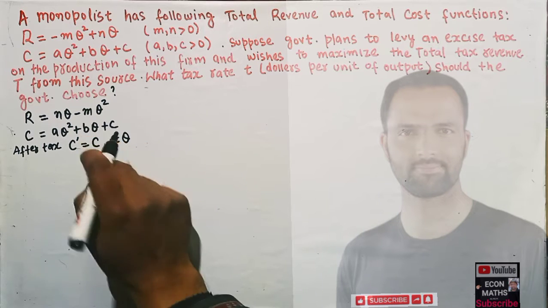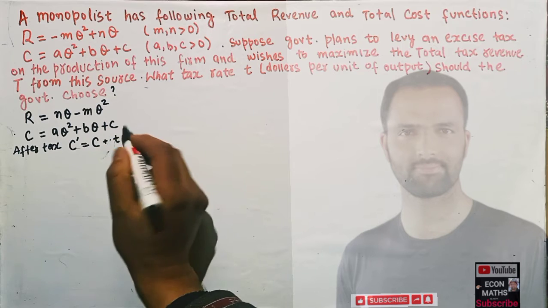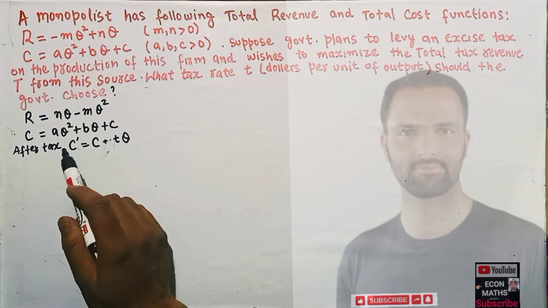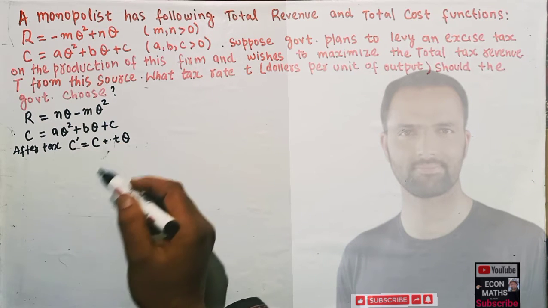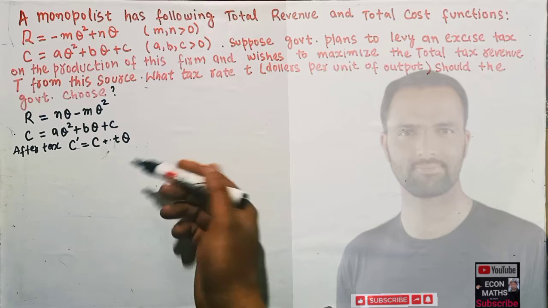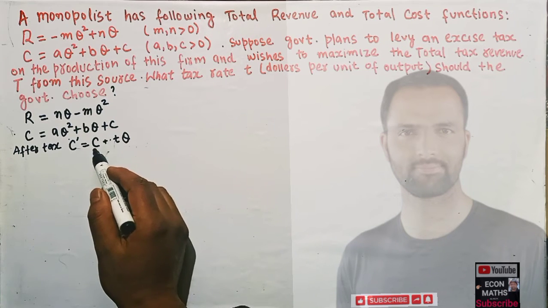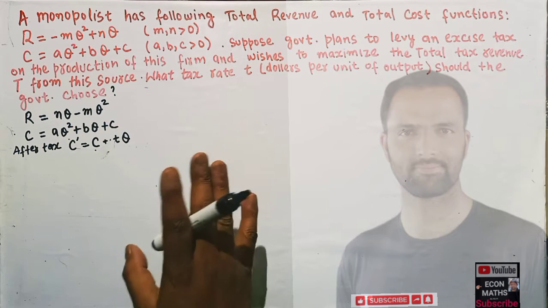So let us differentiate between this plus and t. After the imposition of a per unit tax, what will be the cost function? When tax is imposed per unit of output, the new cost will be equal to the original cost plus tax per unit of output. I hope I am making myself clear.